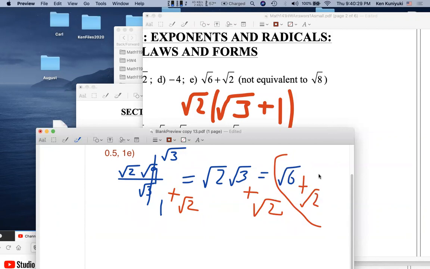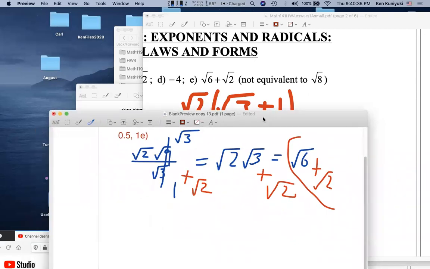Can you factor a sum or difference of two cubes? Like an example? Yeah, we can do an example of that.